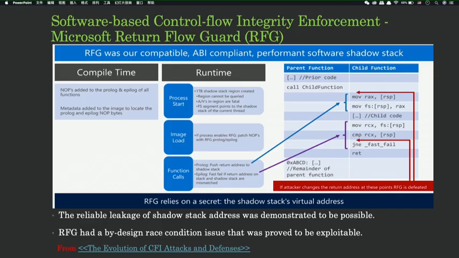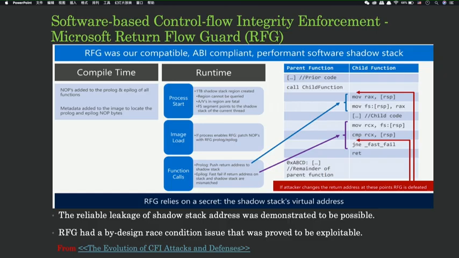When a function call is made, we know that the return address is on the data stack. And the attackers will try to modify that return address so that they can hijack the control flow. But what if we have a separate stack which also has a copy of the return address?